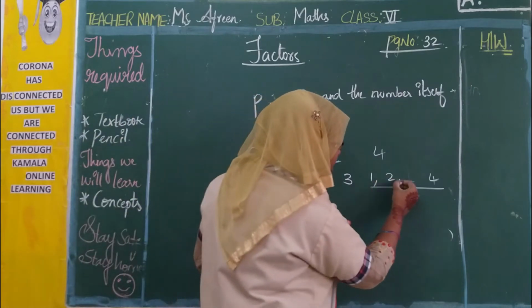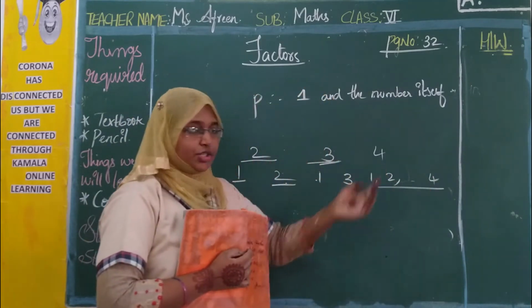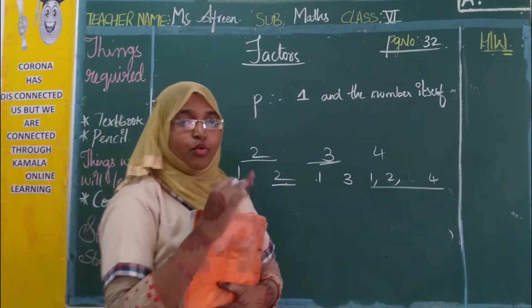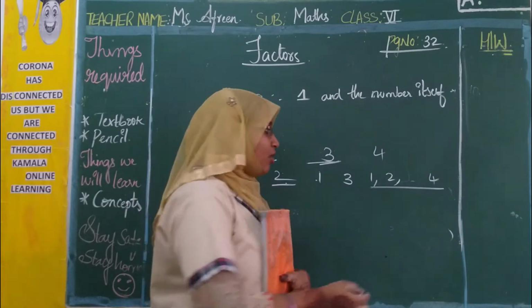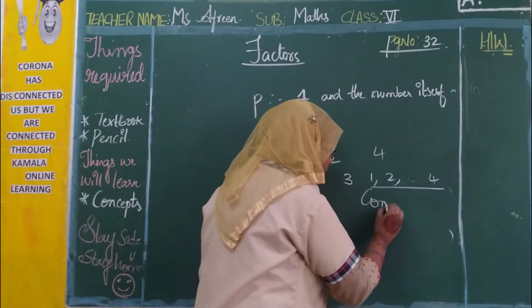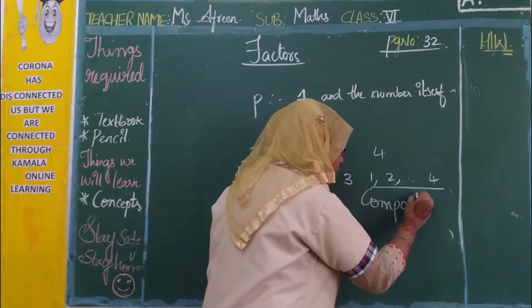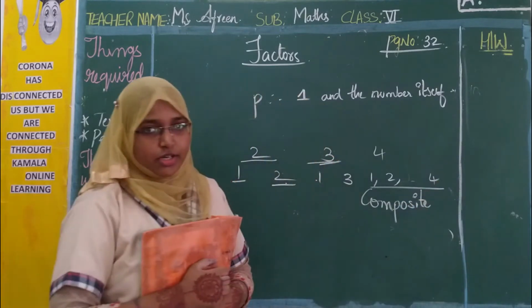But here there are 3 factors. So what is this number called? A number which has more than 2 factors is called a composite number.